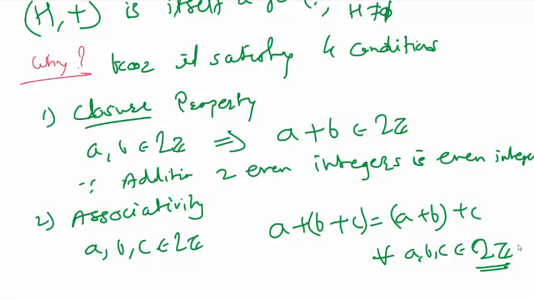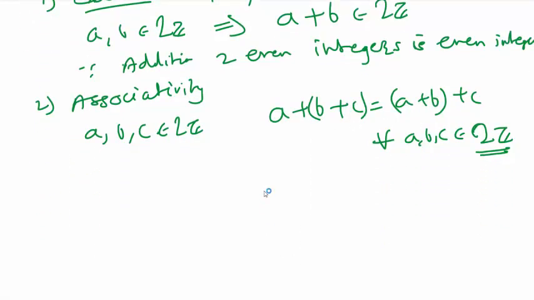So in this way, we can try (2 + 4) + 8 like that. 4 plus 8 is 12, 2 plus 12 is 14. Same answer we will get. 2 plus 4, 6, 6 plus 8, 14. Like that.